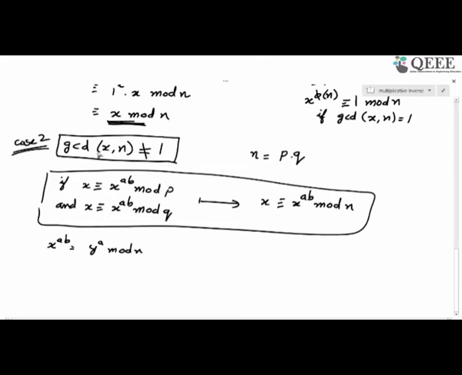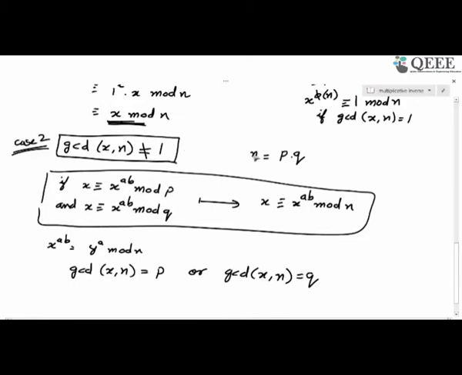Okay, so notice that if the GCD of x comma n is not equal to 1, and the factors of n are p and q, then we can state that the GCD of x comma n is equal to p, or the GCD of x comma n is equal to q. Exactly one of these has to be true. Why?